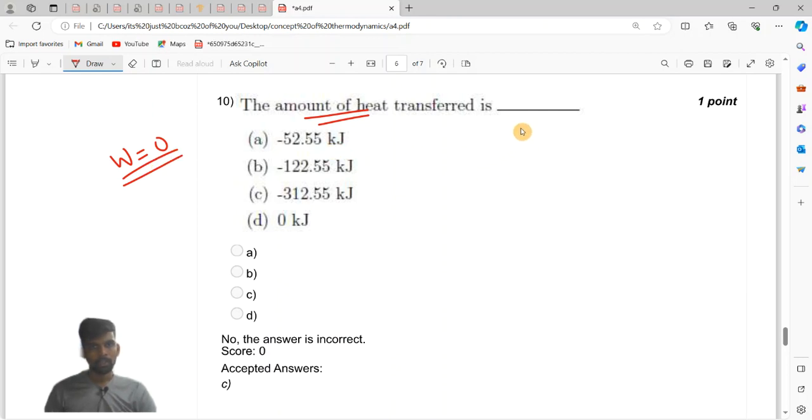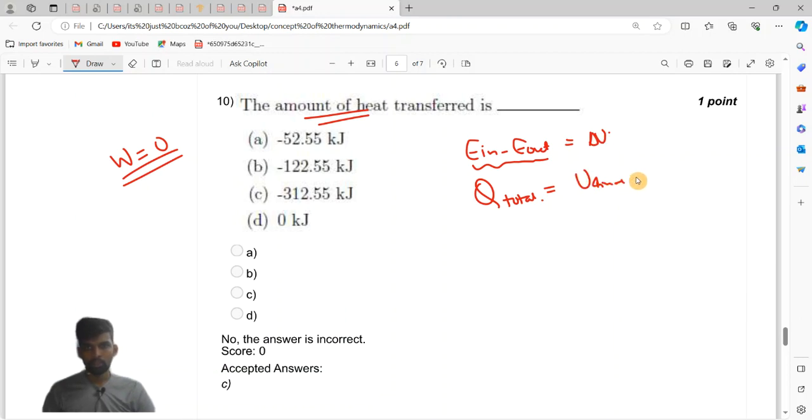Then the heat transfer, E in minus E out, is equal to delta U. Work transfer can't take place, so whatever the change in energy, it is due to the flow of heat. So Q total is delta U, which is U final minus U initial.